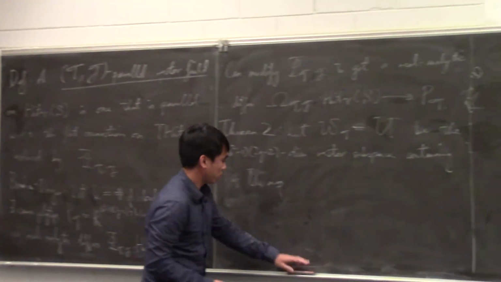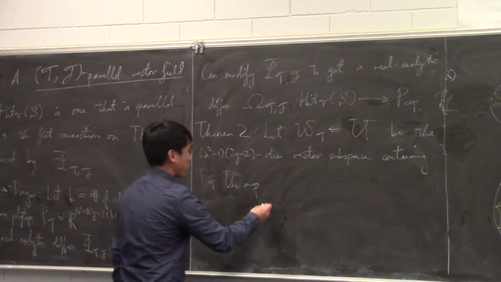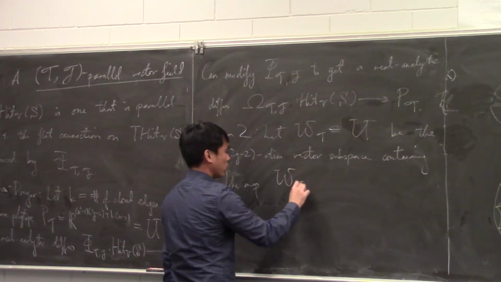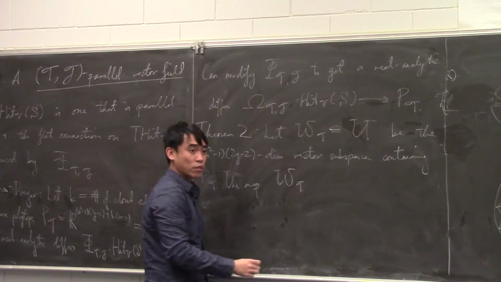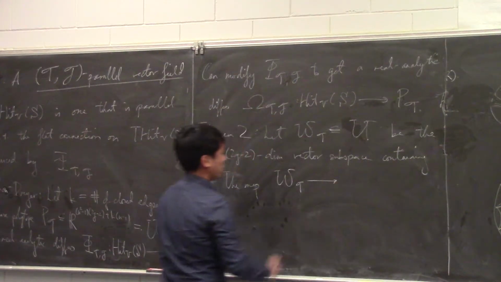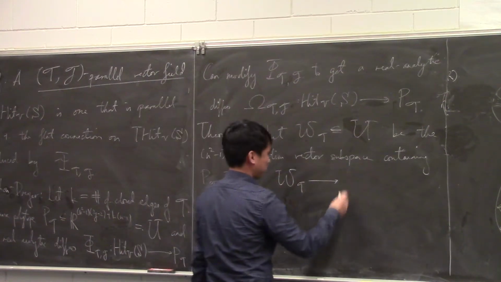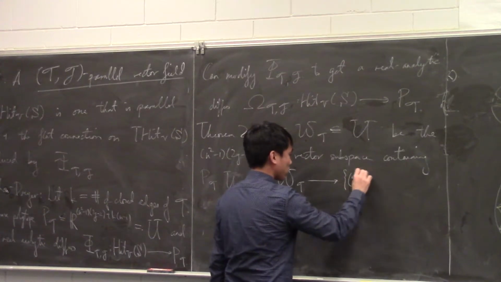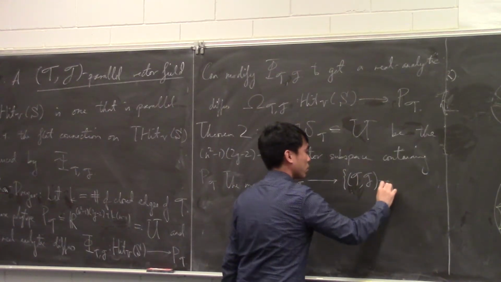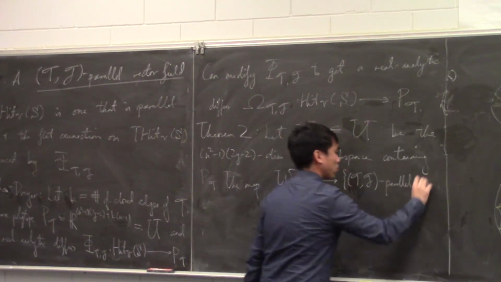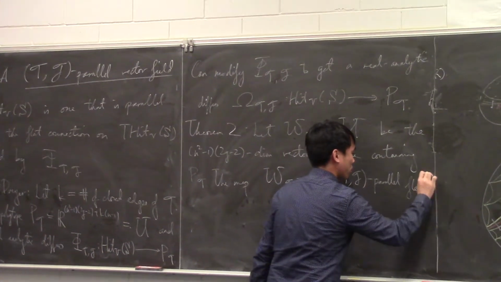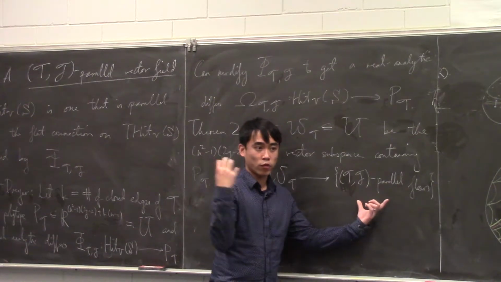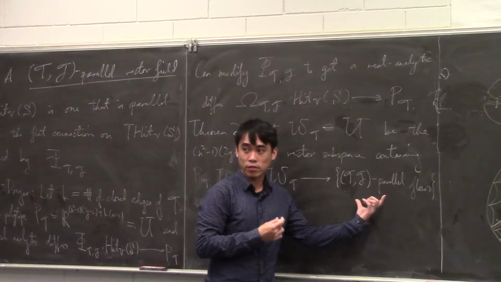So the second theorem is that the map from this vector space Wt to the set of Tj parallel flows. A Tj parallel flow is an integral flow of one of those Tj parallel vector fields that I defined previously.